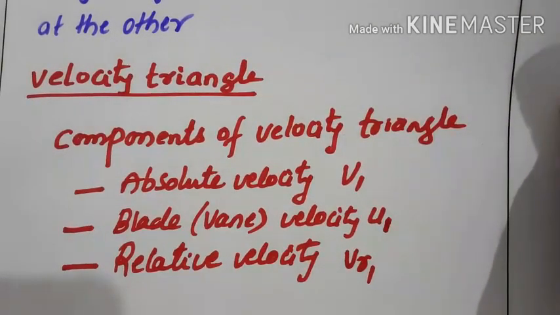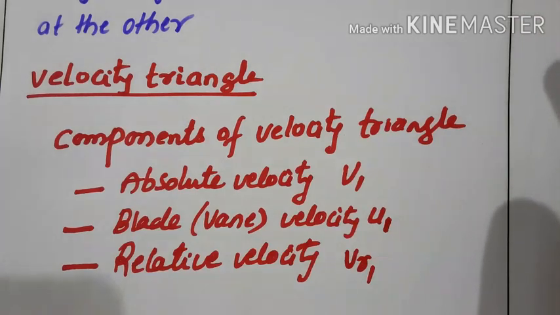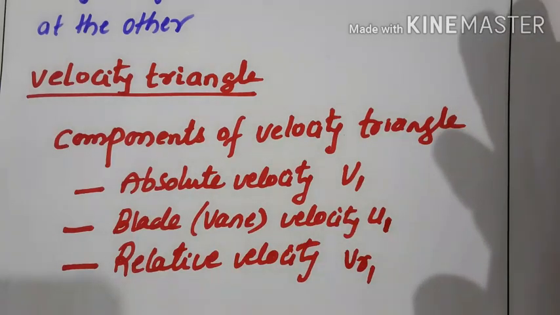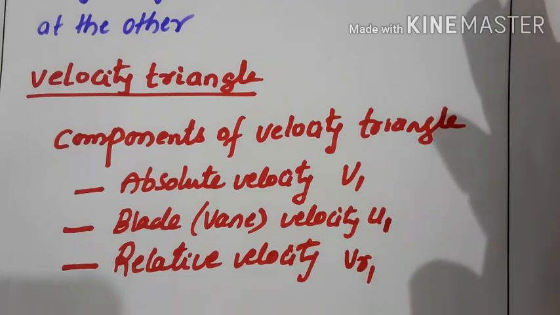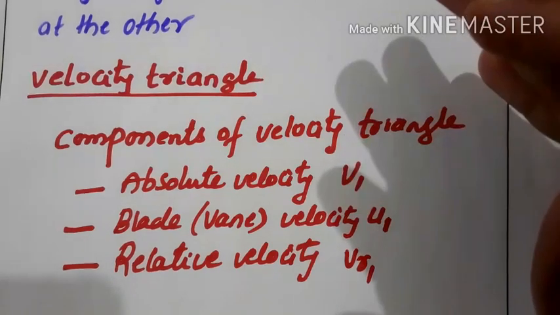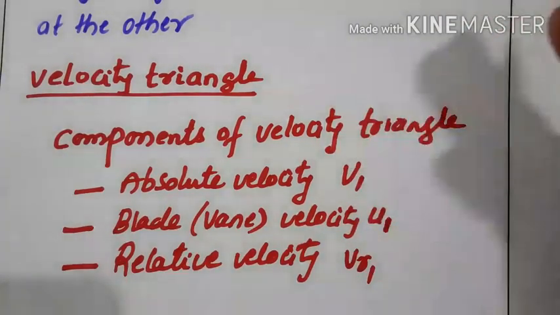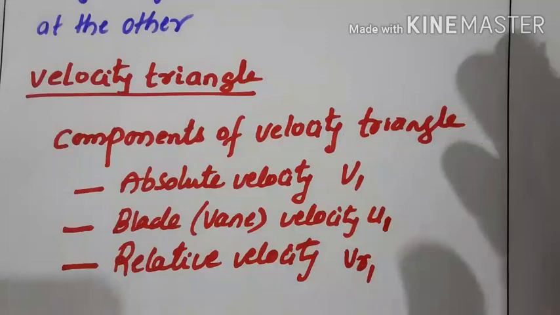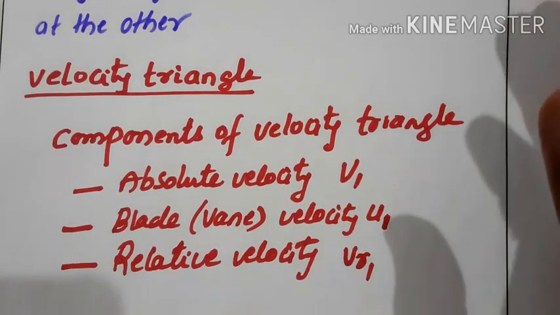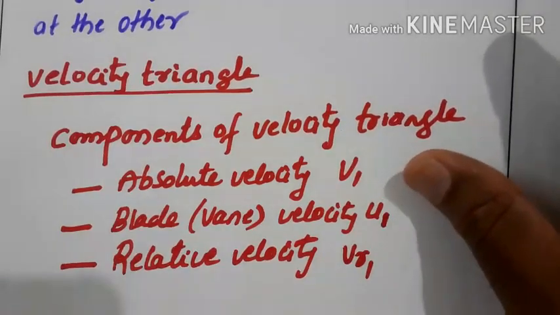A velocity triangle or velocity diagram is a triangle representing the various components of velocity of the working fluid in a turbo machine, and it may be drawn for both inlet and outlet sections of any turbo machine.